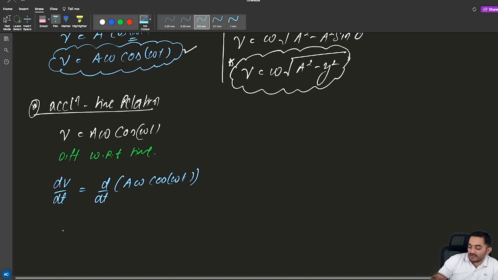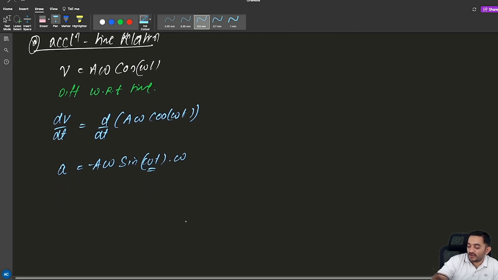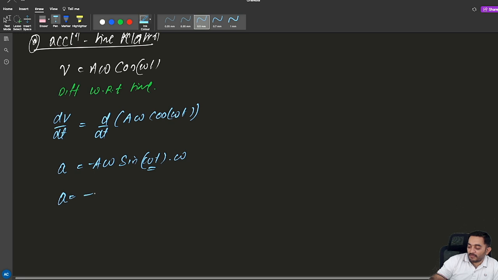Now, omega is constant. Any idea what the differentiation of cos omega t is? Negative sine omega t, and then again we differentiate the inner function, omega. The value will look like minus a omega square sine omega t. Now if I replace a sine omega t by y, we get negative omega square y.